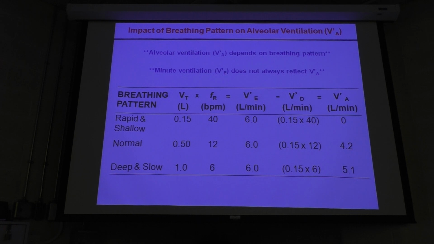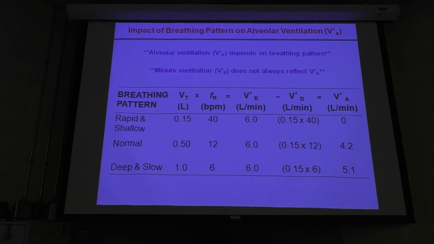So, here's an example of how breathing pattern influences the relative matching between alveolar and minute ventilation. Again, alveolar ventilation depends on breathing pattern, and I think it's clear that minute ventilation does not always reflect alveolar ventilation, because alveolar ventilation is a function of both minute ventilation as well as dead space ventilation, which is determined by breathing frequency as well as the sum of anatomic and physiologic dead space.